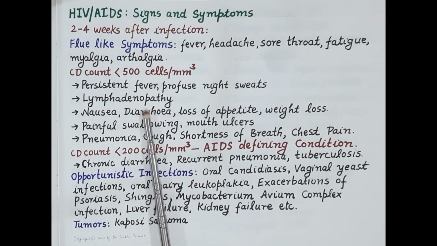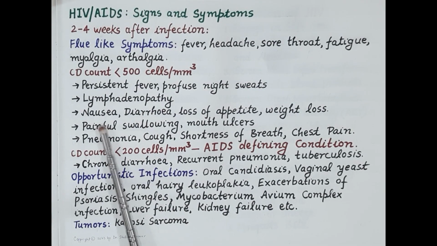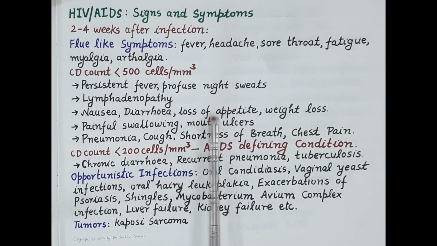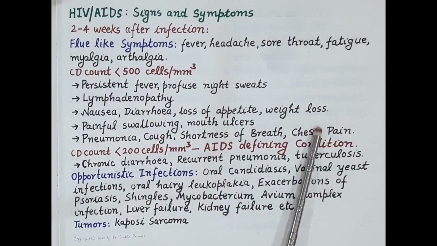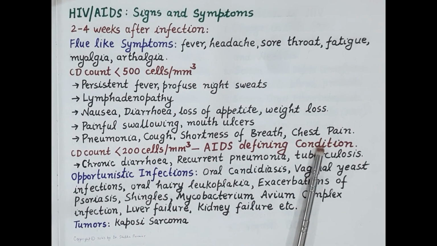Then lymphadenopathy, that is swollen lymph nodes due to HIV infection. Then gastrointestinal symptoms like nausea, diarrhea, loss of appetite, weight loss. Then oropharyngeal symptoms are painful swallowing and mouth ulcers. Then respiratory symptoms include pneumonia, cough, shortness of breath, chest pain.